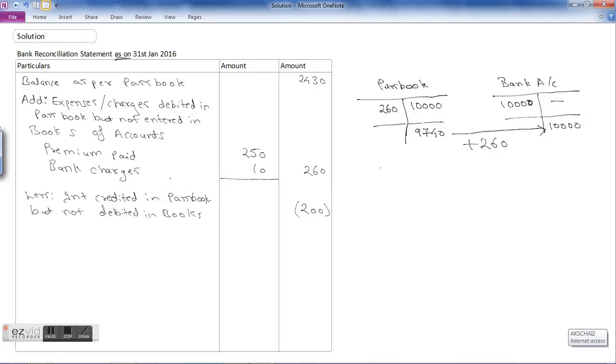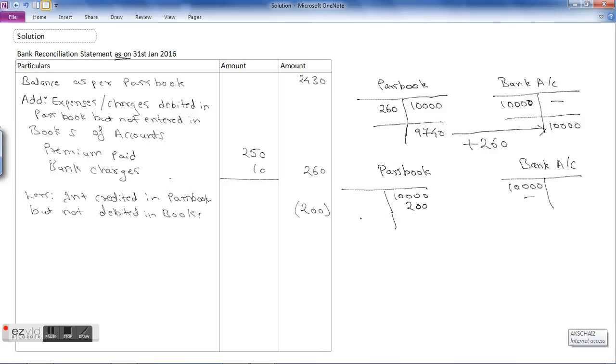Again, for 200, let's do the same thing. Passbook, bank account. Let's say the balance is again 10,000 as debit balance as per bank account. Now what has happened here? Interest credited in passbook but not debited in the books of account.